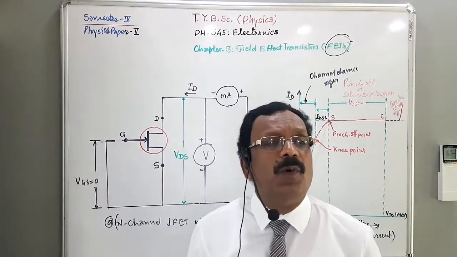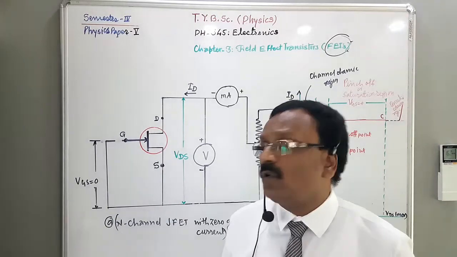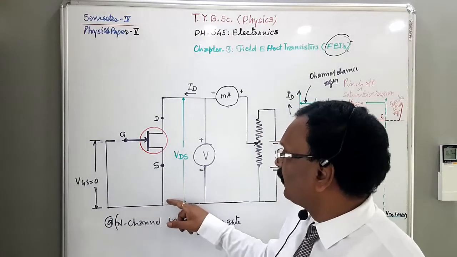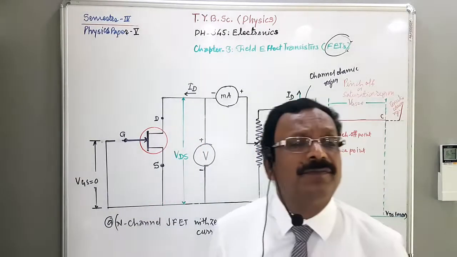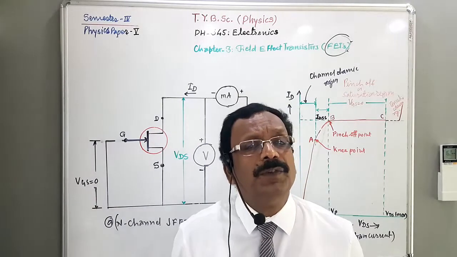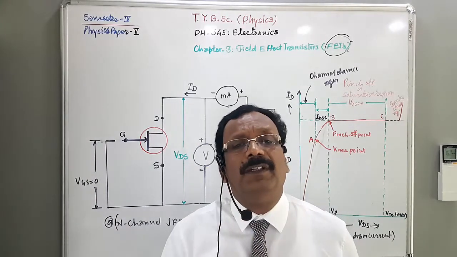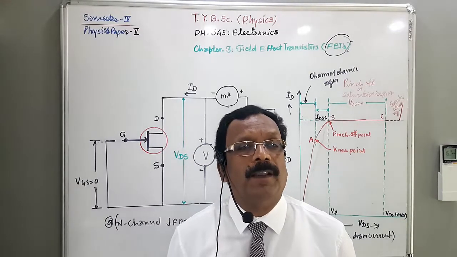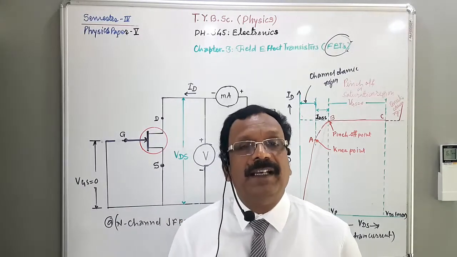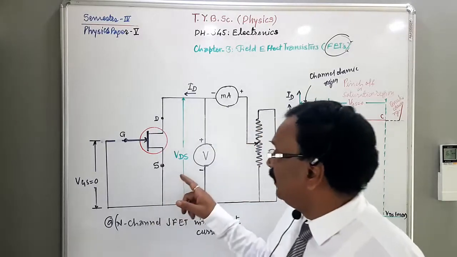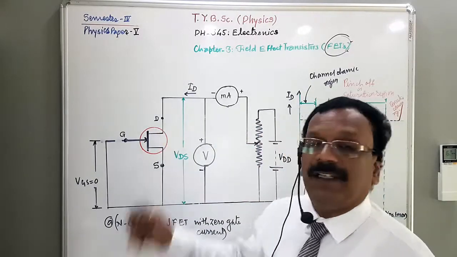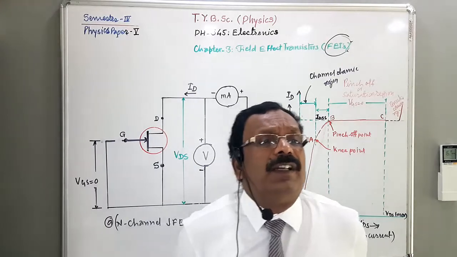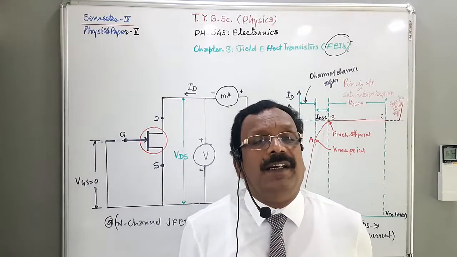The electrons flow from source to drain through the narrow channel existing between depletion regions. These constitute the drain current ID.